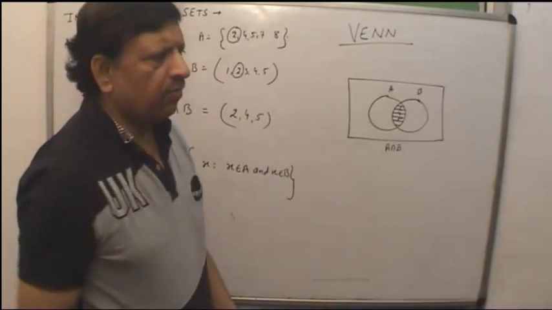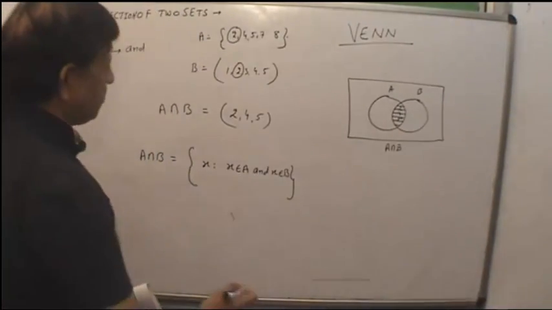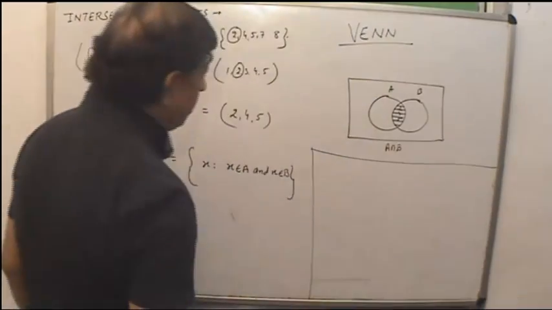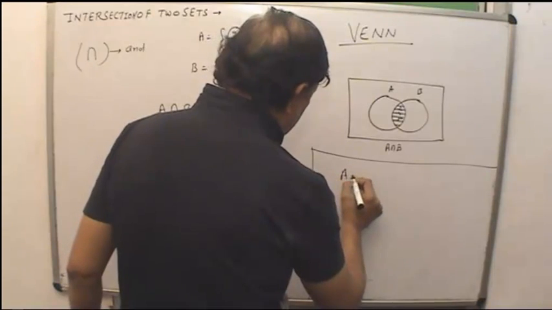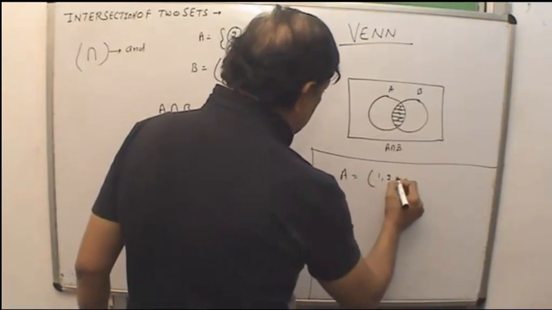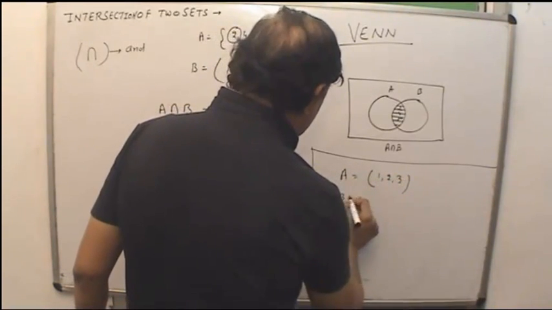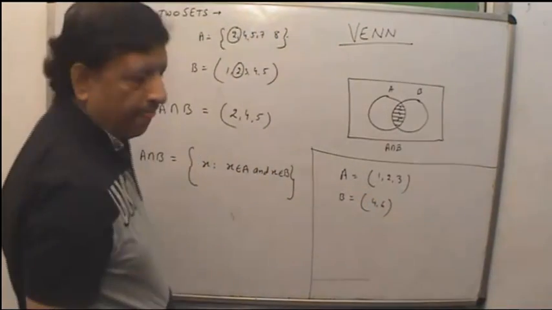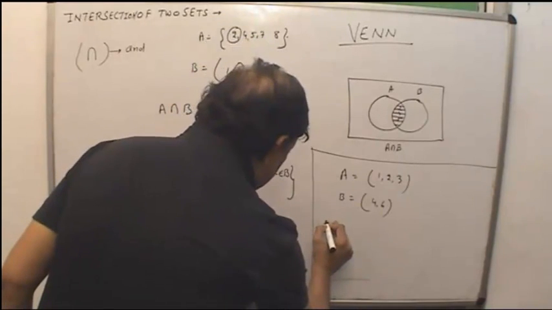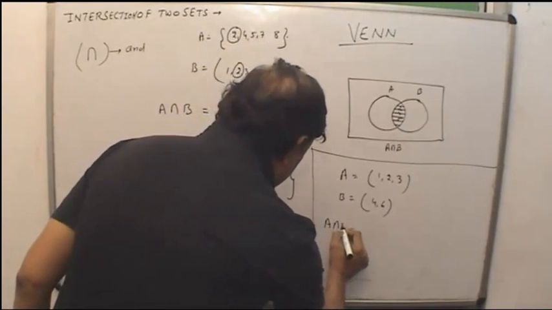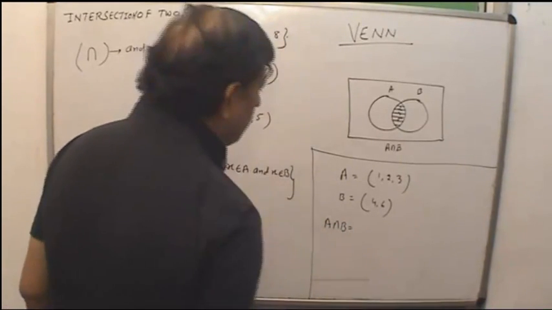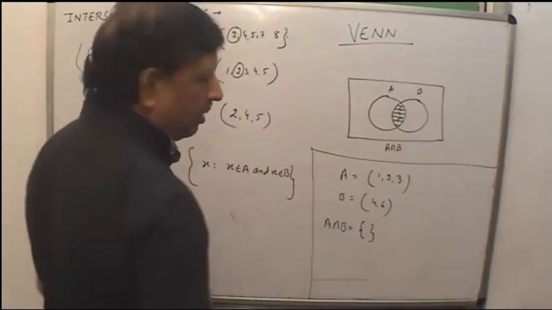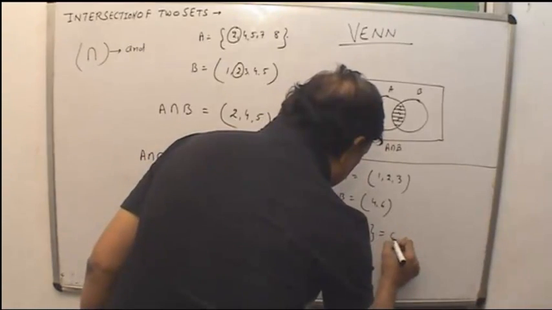What happens if no element is common? Say A is equal to 1, 2, 3 and B is equal to 4 and 6. Very simple. A intersection B has no common element, and we denote it by phi.